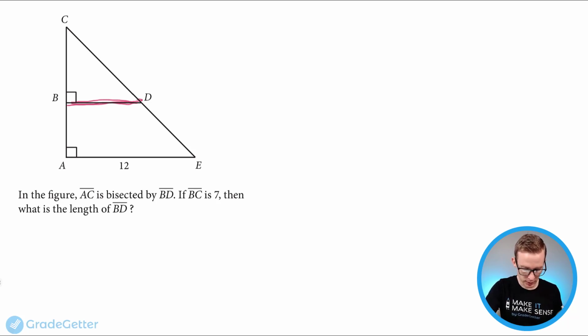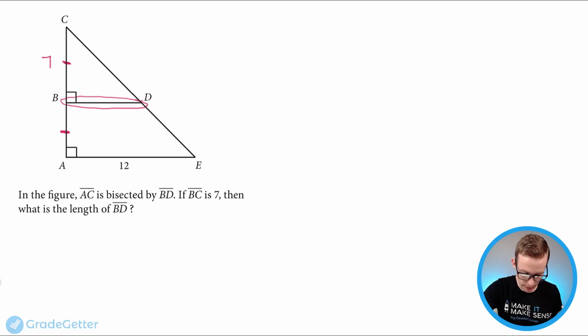Bisected means that this line is cut perfectly into 2 even pieces. So AB and BC are the same distance. If BC is 7, so this side would be 7, then what is the length of BD?